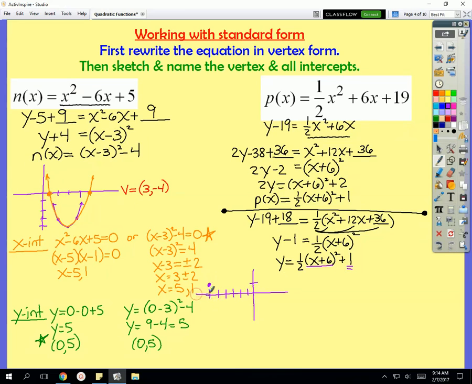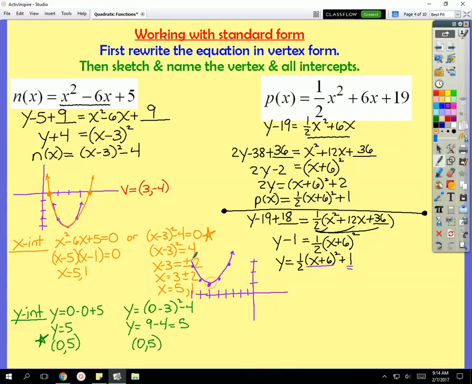And I can go out 1, up a half, because my a value is 1/2. That's not good, though. I could go out 2, and instead of going up 4, I could go up 2. I think I like that option better. So from the vertex, out 2, up 2 in both directions.